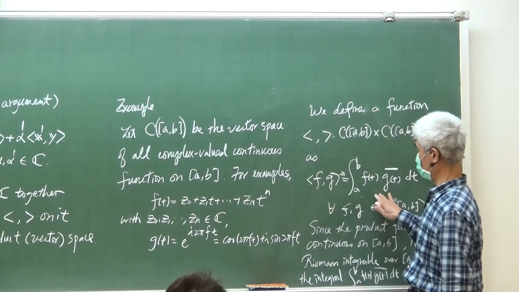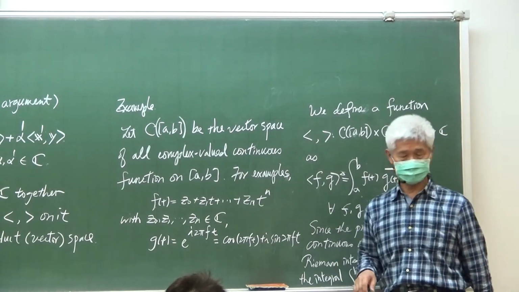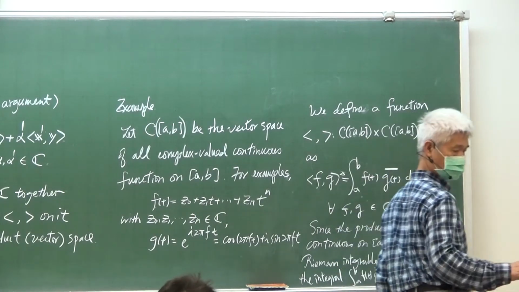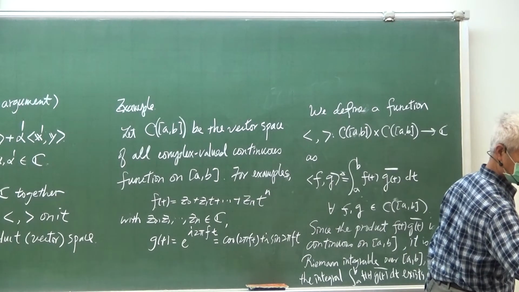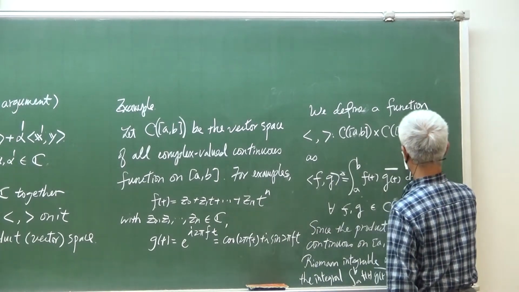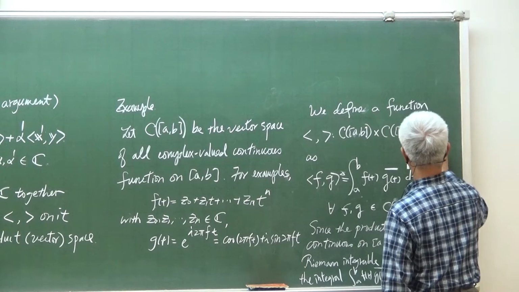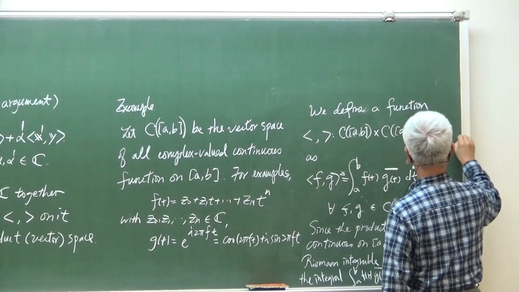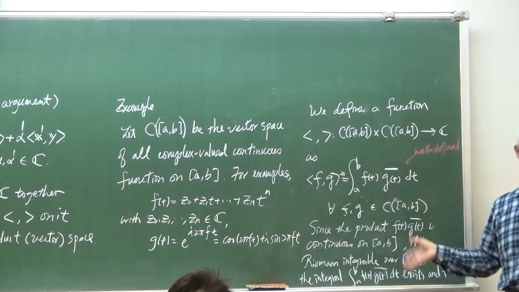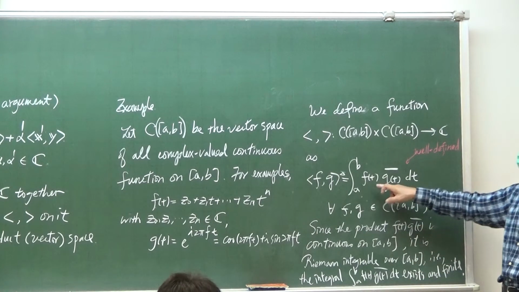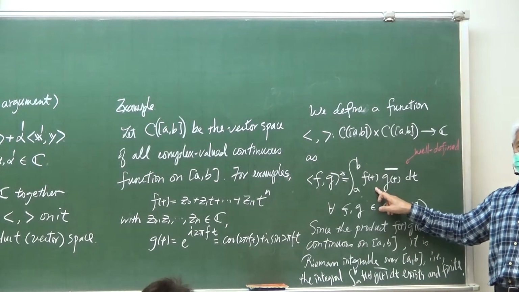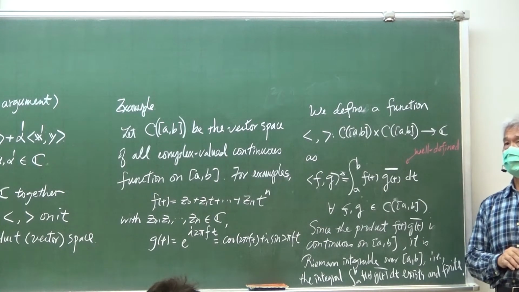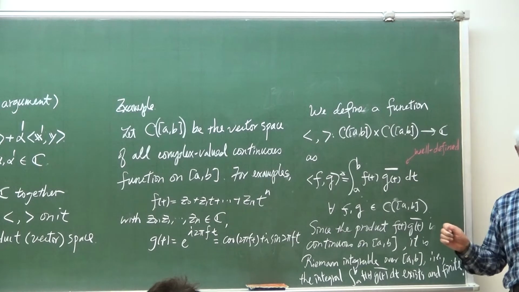So this is well defined. Well defined means that there is no ambiguity for the existence of this integral. And this integral is finite, meaning that it's a complex number.